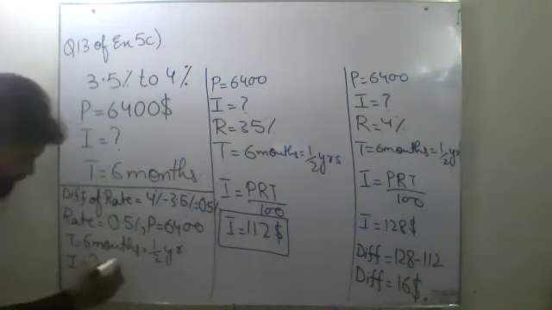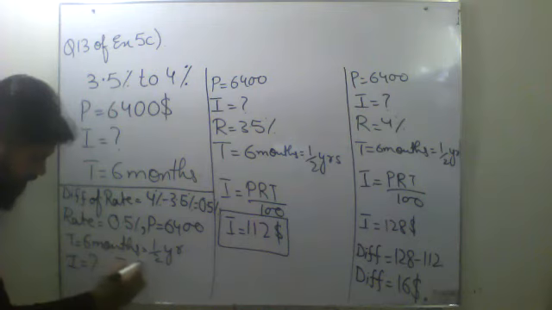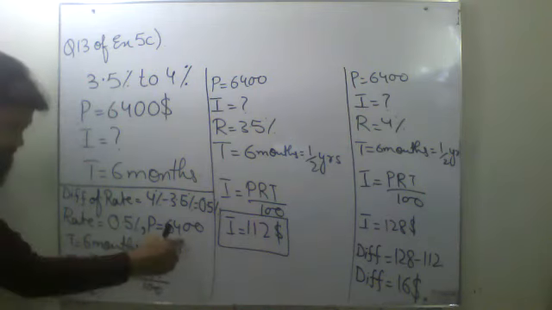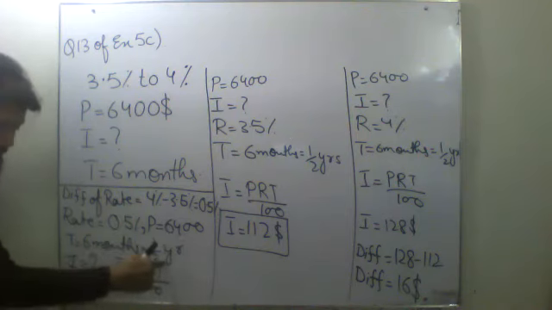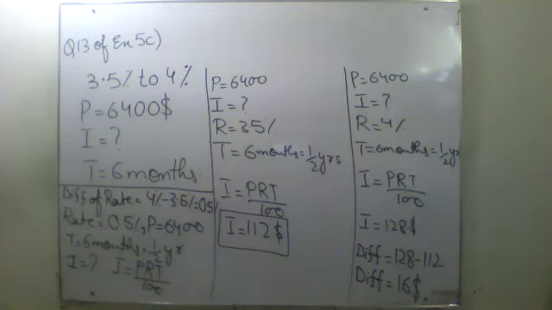Formula of interest, I equals to PRT over 100. P will be 6,400, R will be 0.5, T will be half, divided by 100. 6,400 into 0.5 into half.